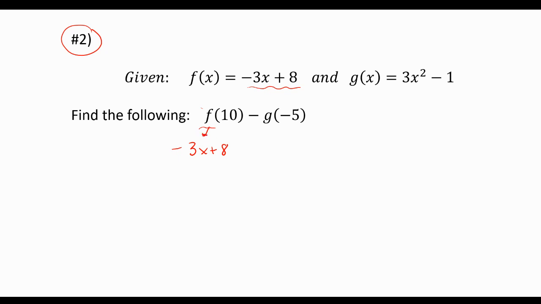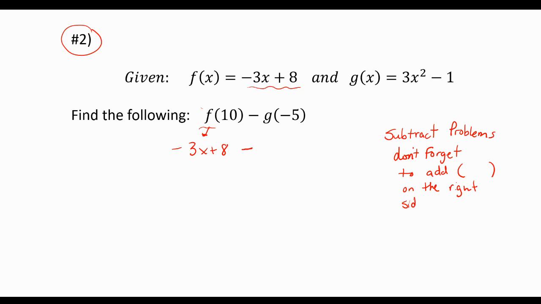There's the f function, minus, and then on the subtract, if you look at your notes, on the subtract problems, don't forget to add parentheses on the right, after the subtract sign.